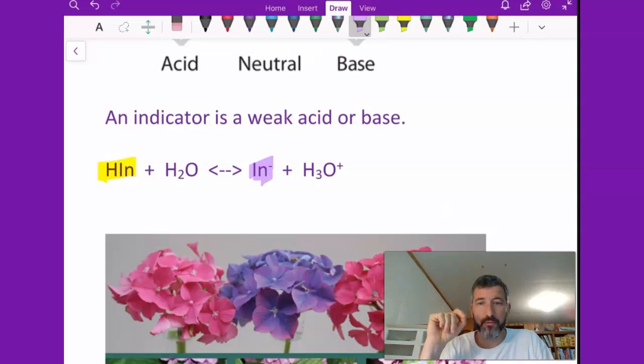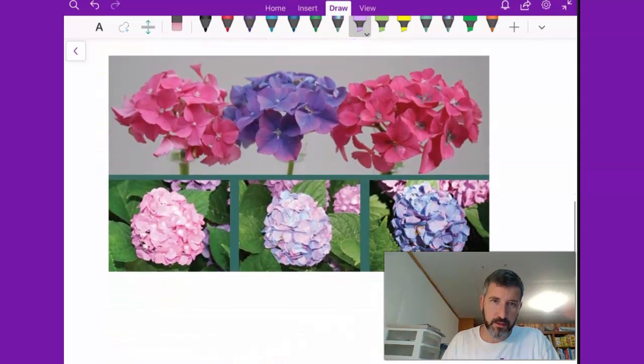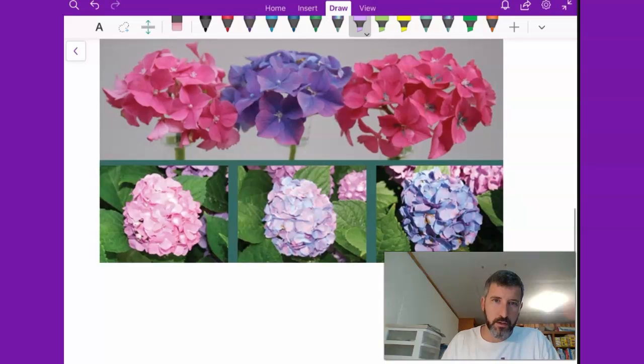Another one that's interesting is if you've ever seen this flower before, you might have it in your garden, or maybe you've seen it in somebody else's garden. This is called a hydrangea, and the interesting thing about a hydrangea is it has acid-base indicator in its flowers.